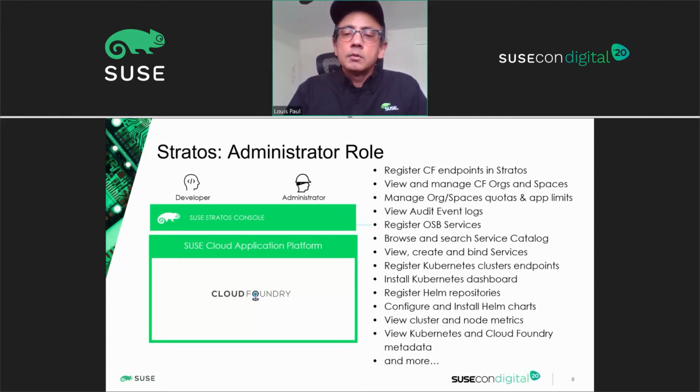And once they are deployed to those clusters, then you would be able to make those workloads available to your applications. So you can view all these Kubernetes artifacts and Cloud Foundry artifacts from the console once all this is done. And there's, of course, a lot more that you can do with this platform. So this was a summary of the administrator's activities.